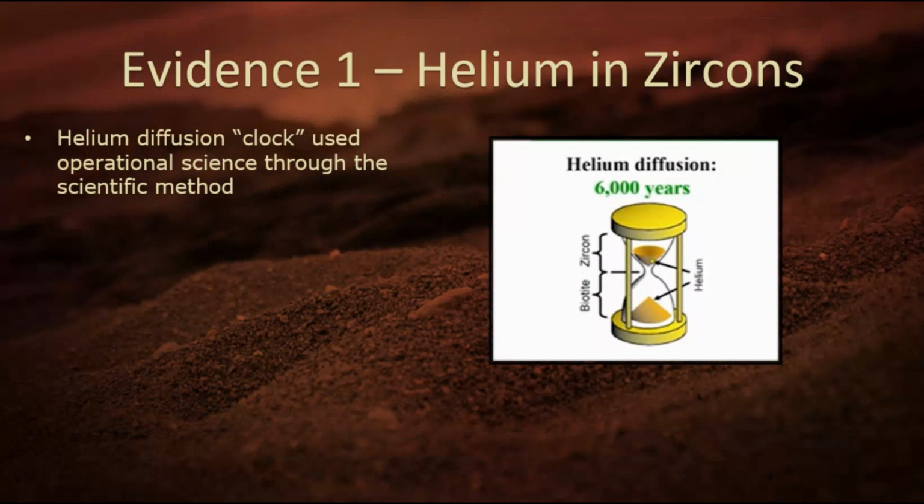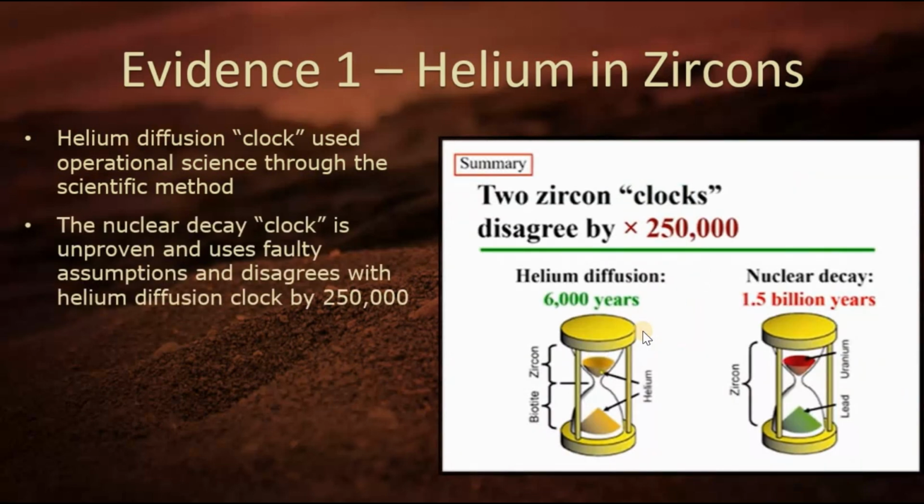So, as you mentioned, we have a helium diffusion clock used through operational science using the scientific method, where the helium in the zircon leaked into the biotite or the granite, and you can measure that rate through that decay rate. The nuclear decay clock is unproven, that's the clock on the right, and uses faulty assumptions and disagrees with the helium diffusion by 250,000. 6,000 years versus 1.5 billion.